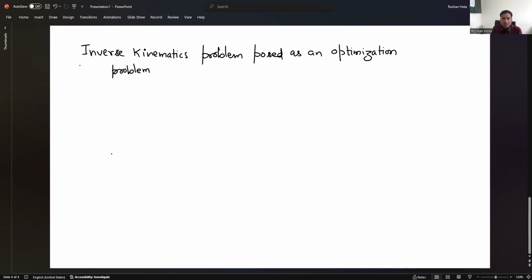When you want to pose the inverse kinematics problem as an optimization problem, we have to find an objective function which, when minimized, would give us the angles which reach a certain target. Suppose xd comma yd is the desired tip position.